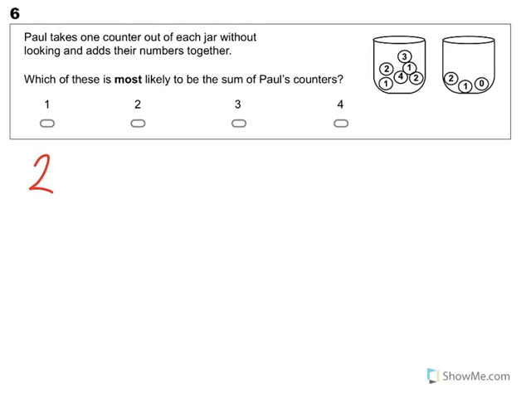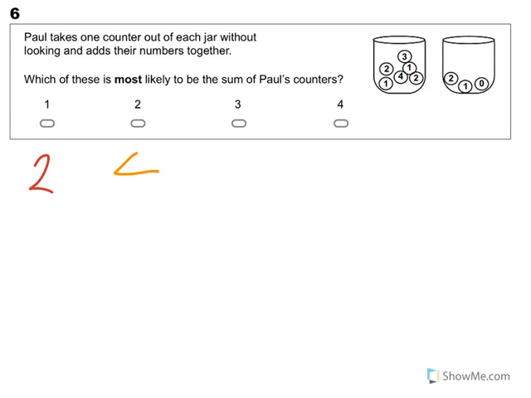Now, how can he get 2? Well, he can get this 1 and this 1. He could get this 1 and this 1. He could get this 2 and this 0, or he could get this 2 and this 0. So altogether, that is 4 different ways.